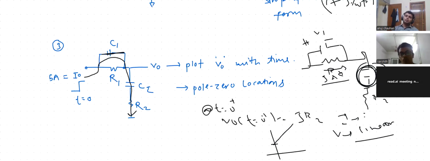So what kind of expression will your V out have? What kind of plot or expression will it get? First of all, tell me the order of the system. Is it the first order system that we are analyzing, or something else? Actually, it's a second order, sir.